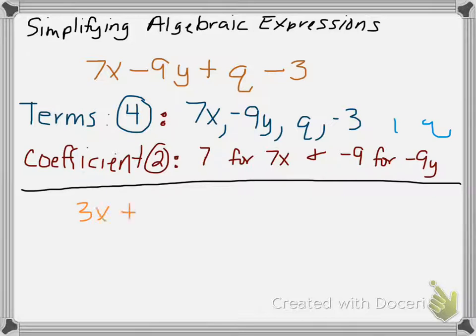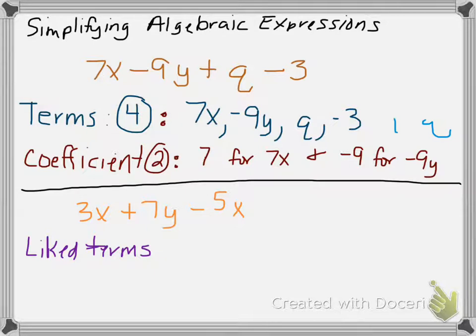Now another little example about simplifying. When we're looking at 3x plus 7y minus 5x, we need to look for like terms. Like terms means that they have something in common, whether it's a variable and an exponent, and then you simplify, you put them together.